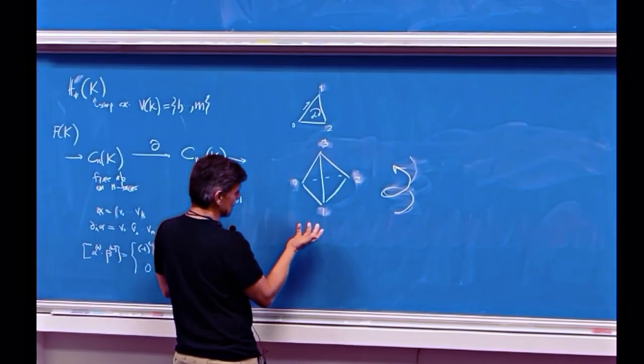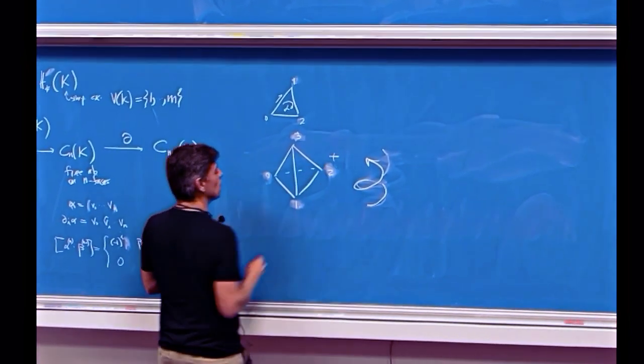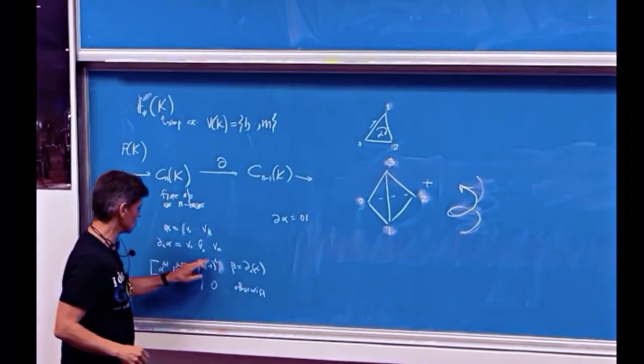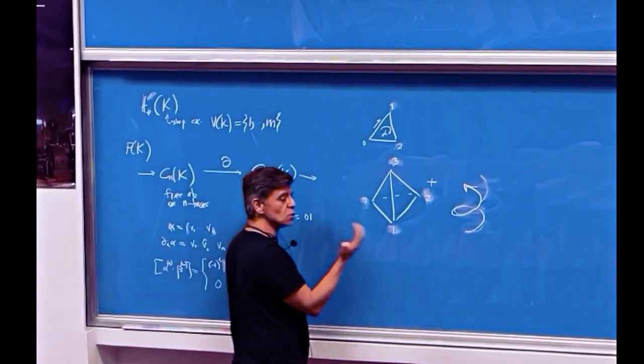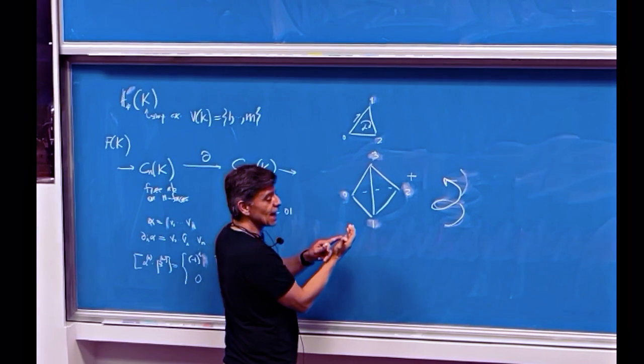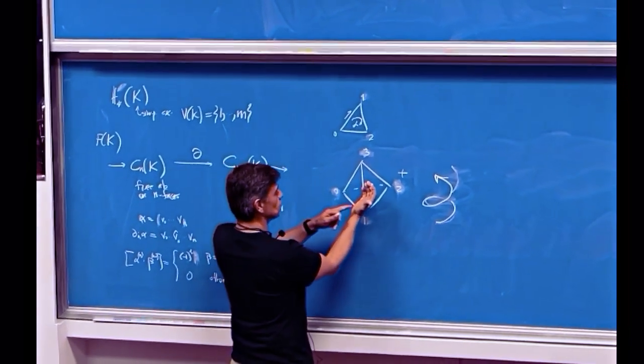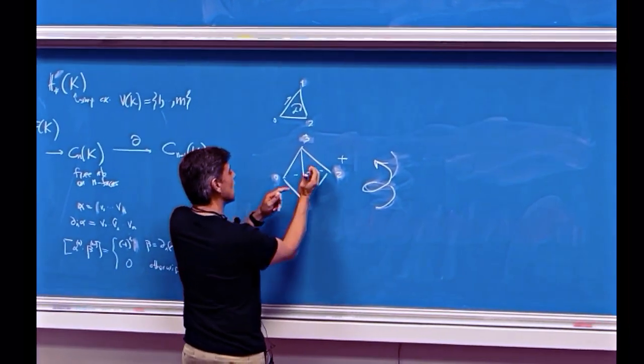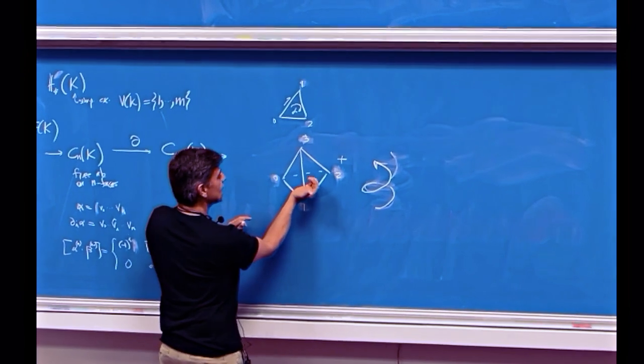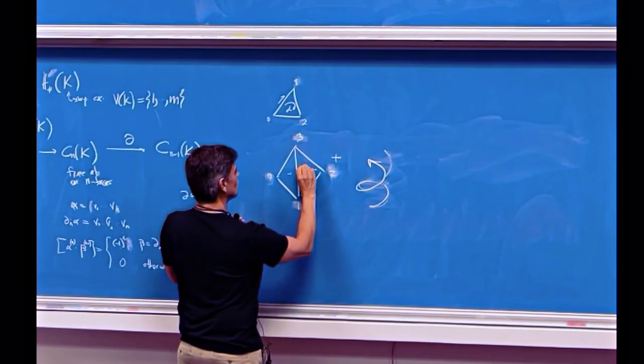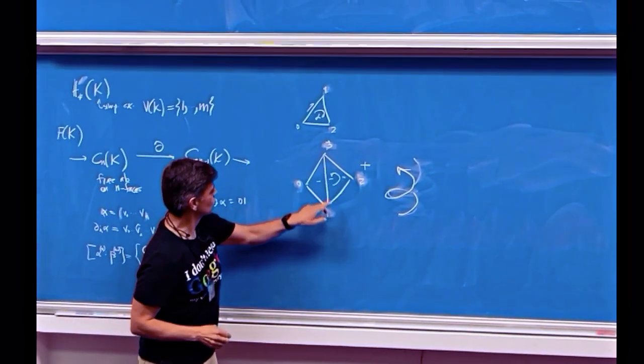I can see that this has to come with a positive sign, namely -1 to the 0, because if I use this orientation and the normal direction out to the exterior, I get this orientation for this face 1, 2, 3.